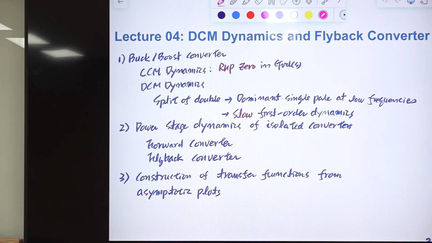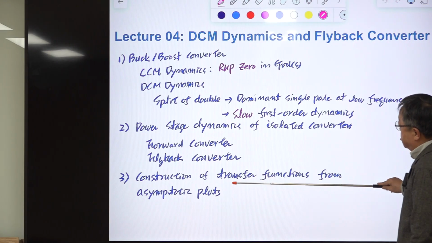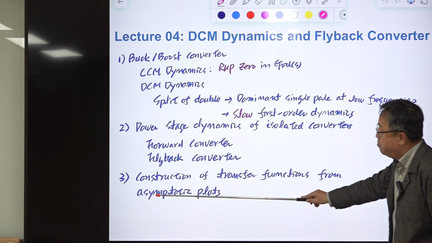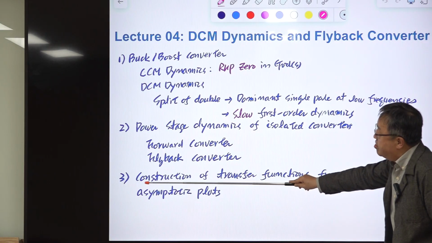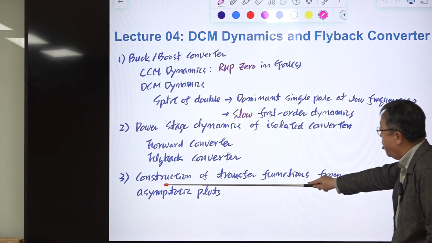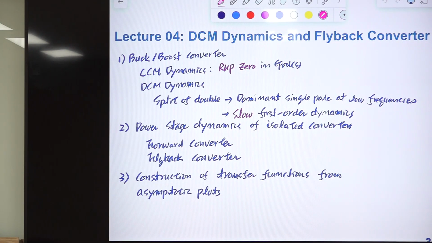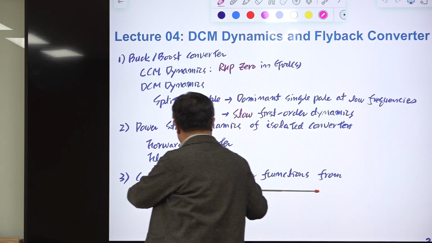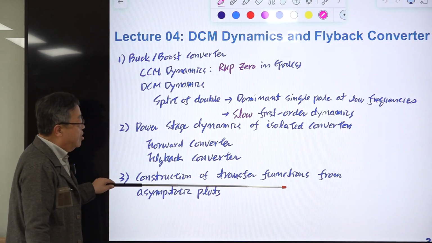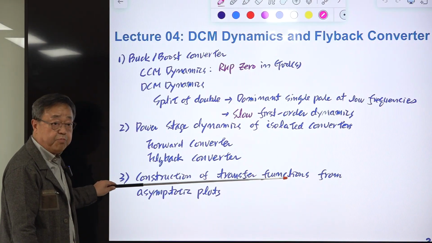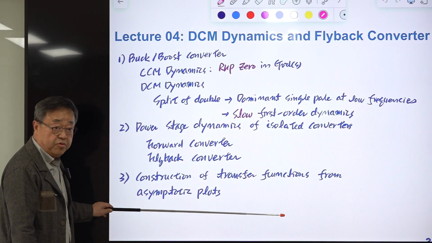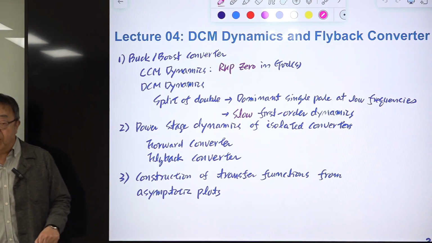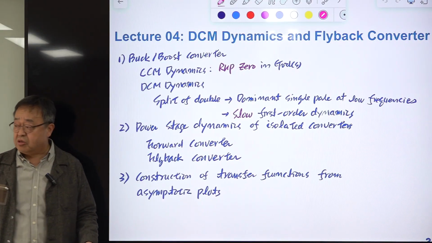We will confront many cases of deriving the transfer functions from the asymptotic plot. We'll go through some details about this, not complete details, because the complete details come later. We'll explain some basic ideas, and this is part of the design-oriented analysis proposed by Dr. Middlebrook. Okay, so we'll start with the circuit diagram of the buck boost converter.